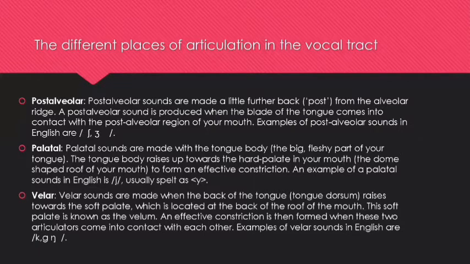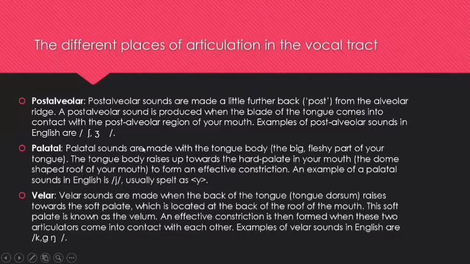Number 5. Postalveolar. Postalveolar sounds are made a little farther back, post, from the alveolar ridge. A postalveolar sound is produced when the blade of the tongue comes into contact with the postalveolar region of your mouth. Examples of postalveolar sounds in English are... Number 6.